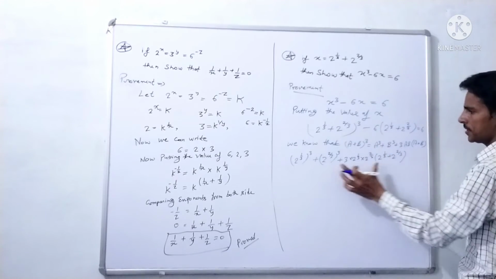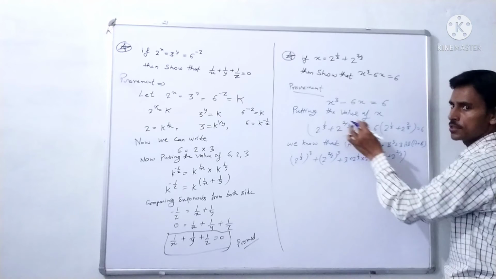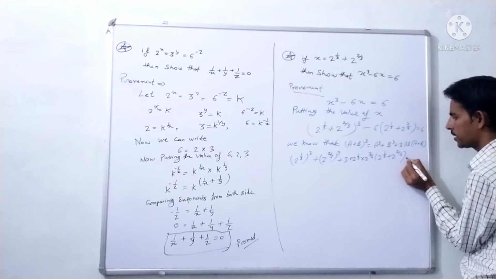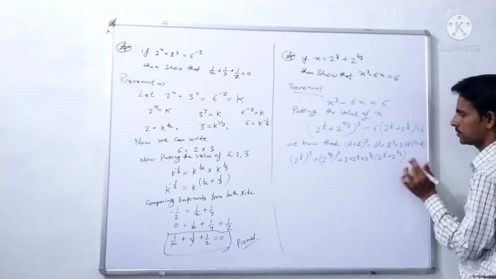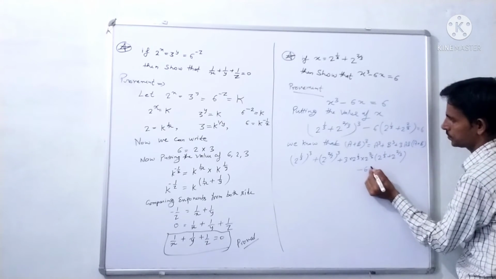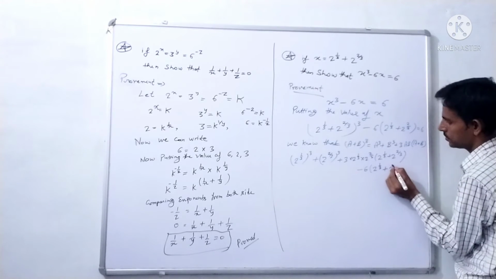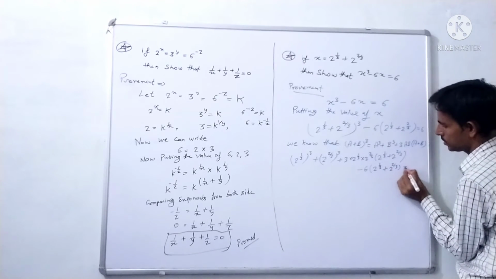Now this line was the value of this. Now we can write minus 6 into (2^(1/3) + 2^(2/3)) equals 6.